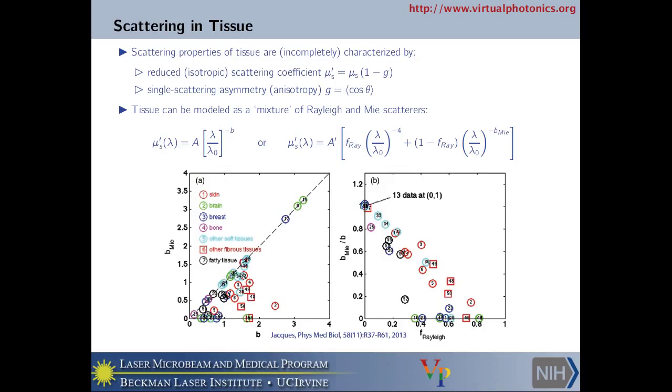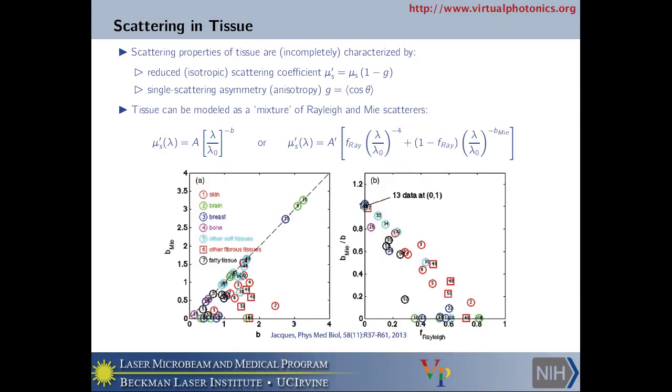So what does this mean for tissue? Tissue is a virtual potpourri of scatterers. You've got scatterers of all types, with different refractive index mismatches and different sizes. So there are a couple of things that we do. In the transport equation, we look at μs and the phase function.